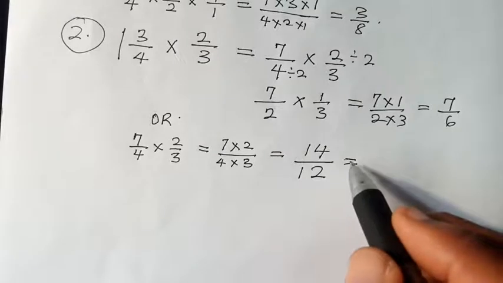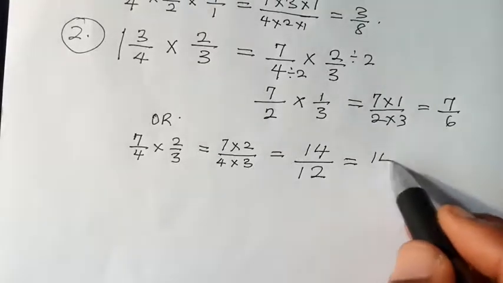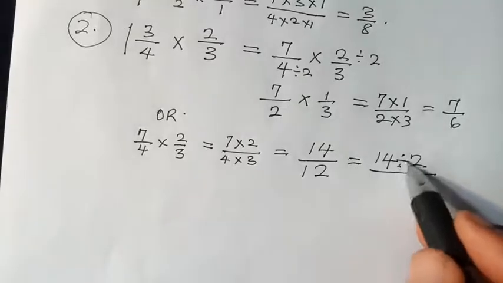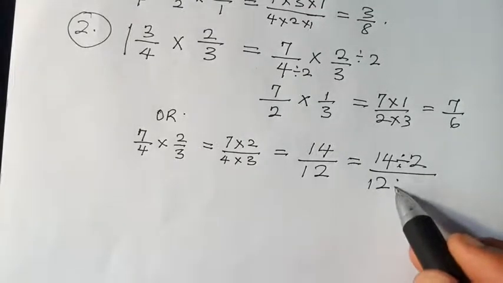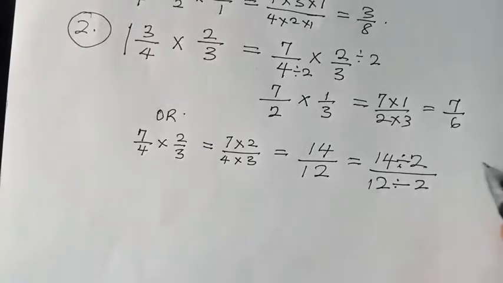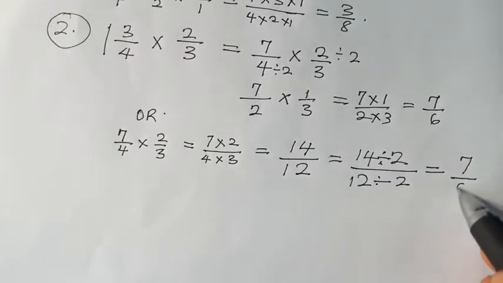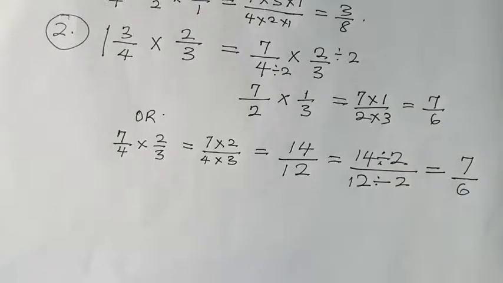Something can divide 14 and 12. And 14 divided by 2, then 12 divided by 2, which will give me 7 all over 6. That's also the same way.